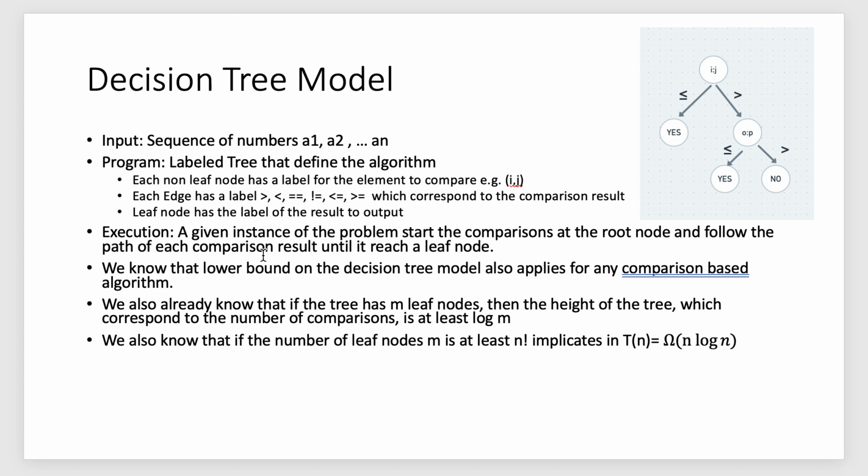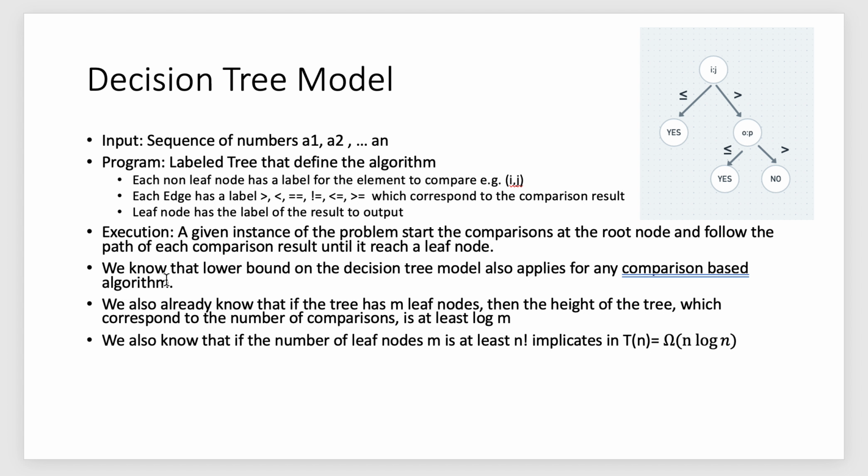How the execution goes: a given instance does that comparison, like in this example, the element i is compared to the element j, and if it's less than or equal, it goes to this path, and if it's greater, then it goes to this path.